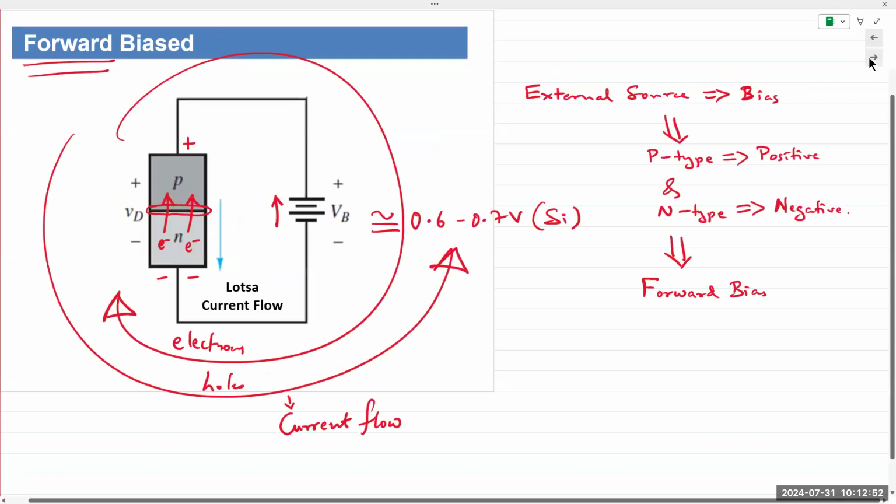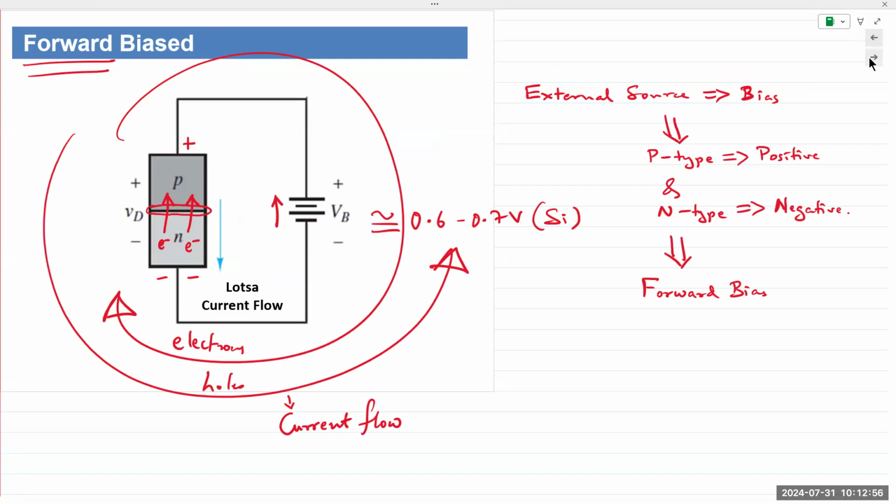So we talked a bit about external biasing, an external source. A PN junction diode by itself has some properties. We are not here to discuss those properties because even in E major classes, we discuss them just a little bit.